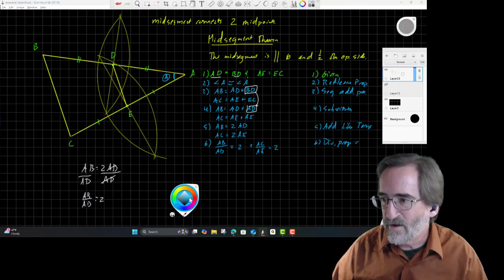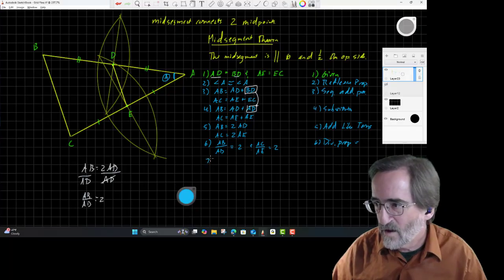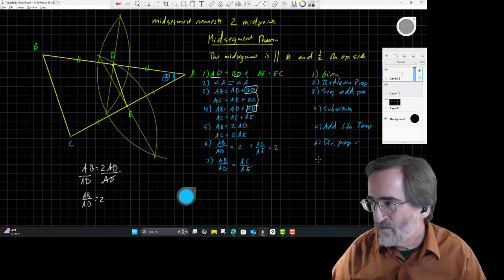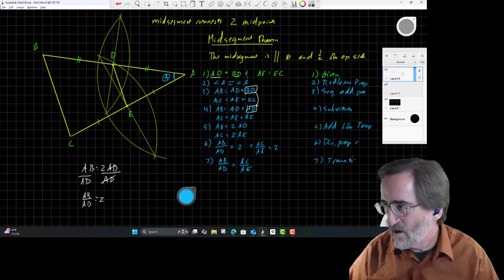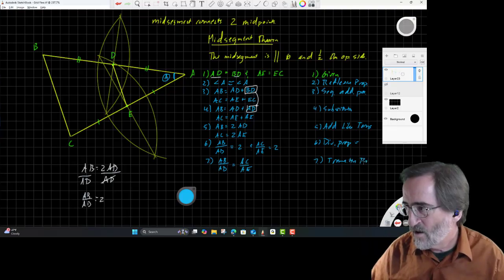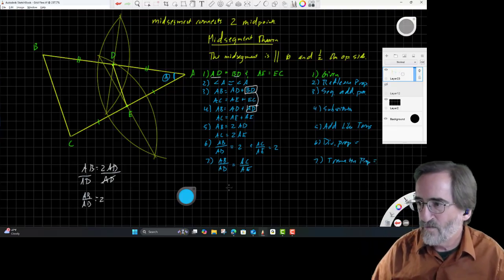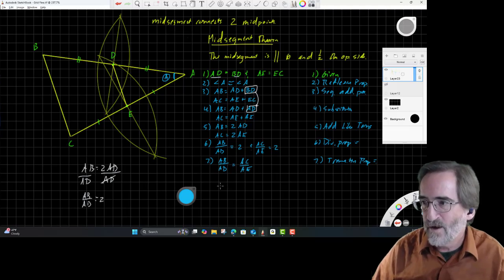Okay, so 7, AB is to AD as AC is to AE. They're both equal to 2, so they equal each other. That's the transitive property of equality.